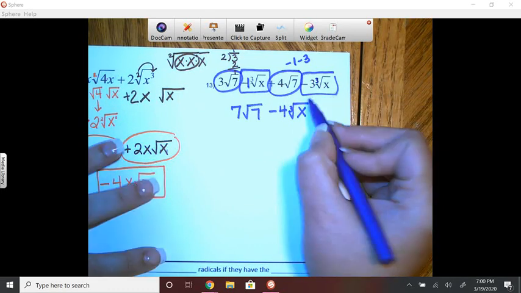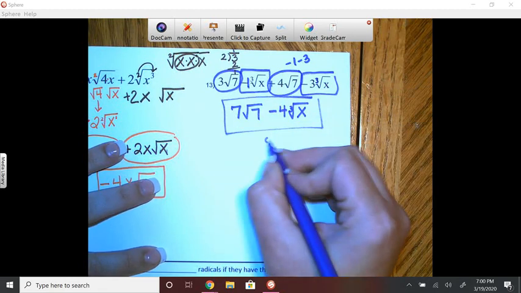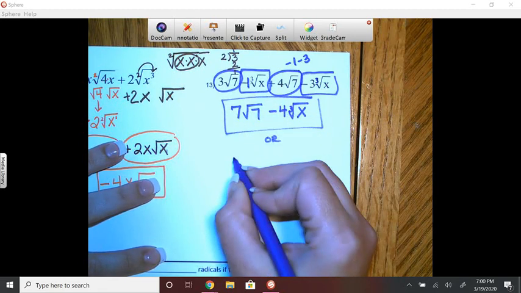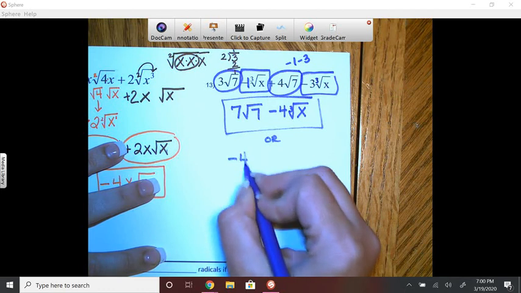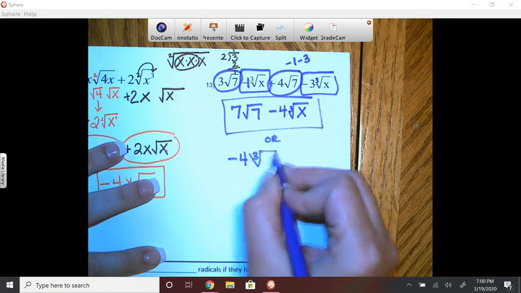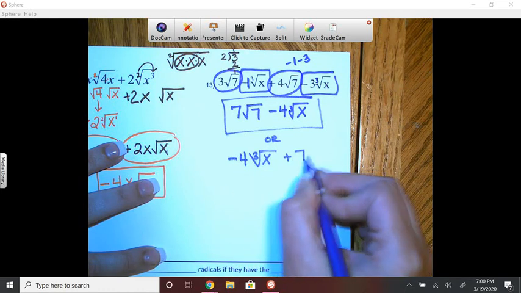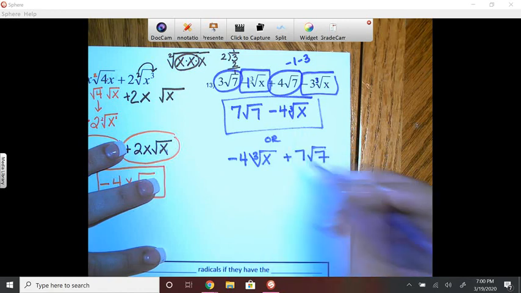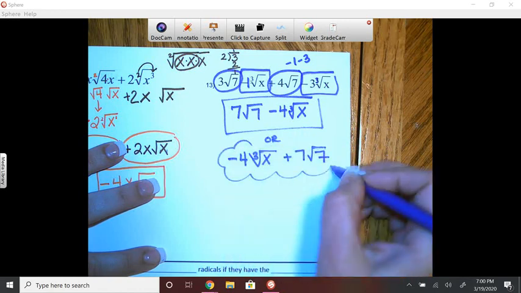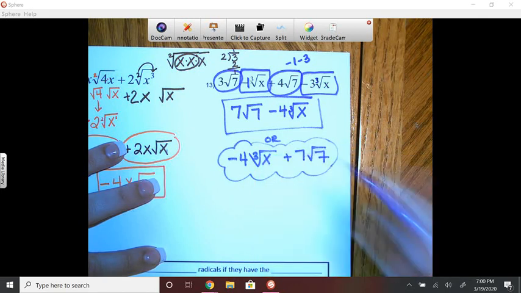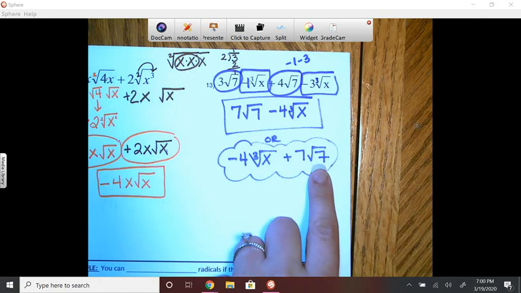So we could leave our answer this way, or usually we put the one without the variable last. So I'm going to also write it as negative 4 cube root x plus 7 rad 7. So I would accept both of these answers. This one would be the best one because the x terms always go in front and the constants go at the end.